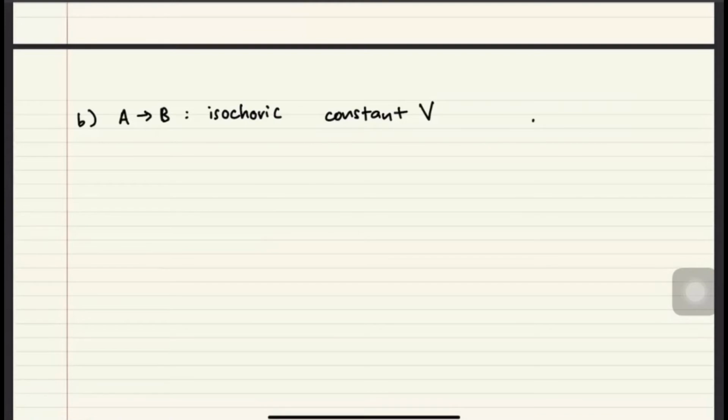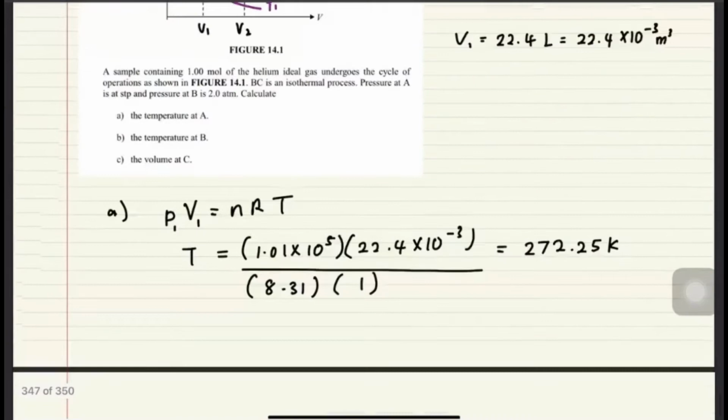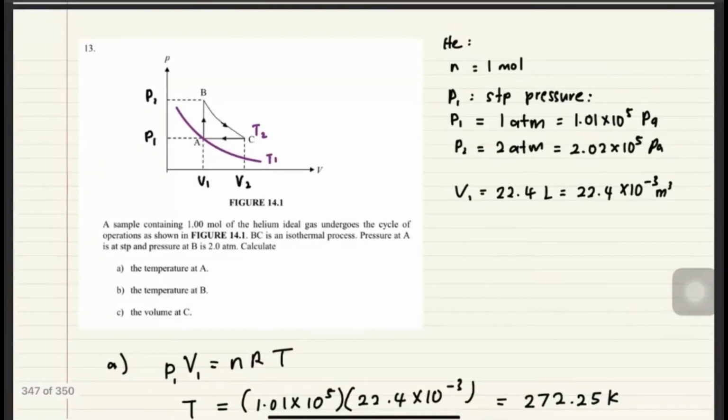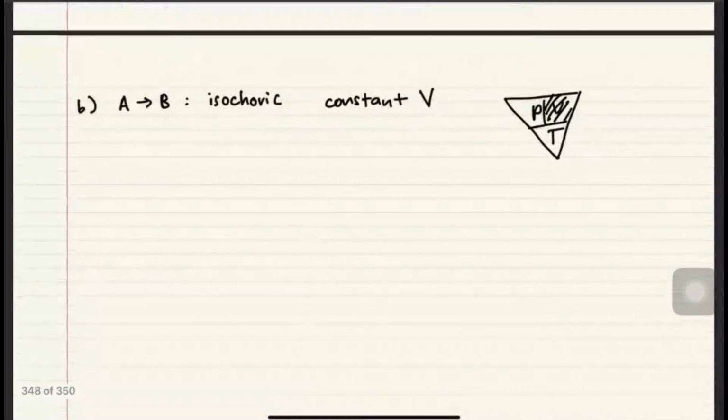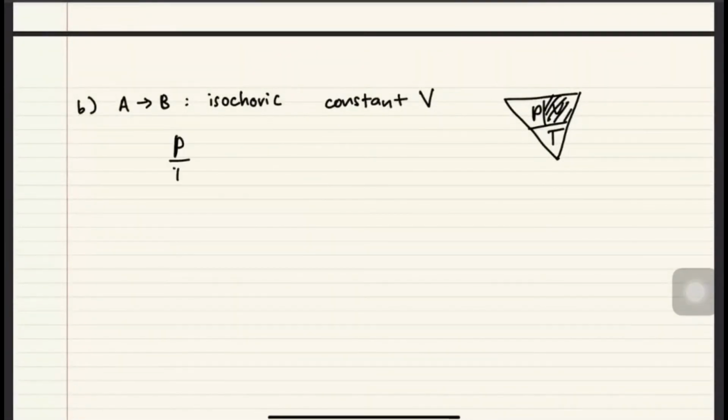PV equals nRT. Yes. Sebab now kamu ada pressure, volume constant. You do have the pressure 1 and pressure 2. You do have the T1. You can straight away find the T2. So it will be P over T equals to P over T.